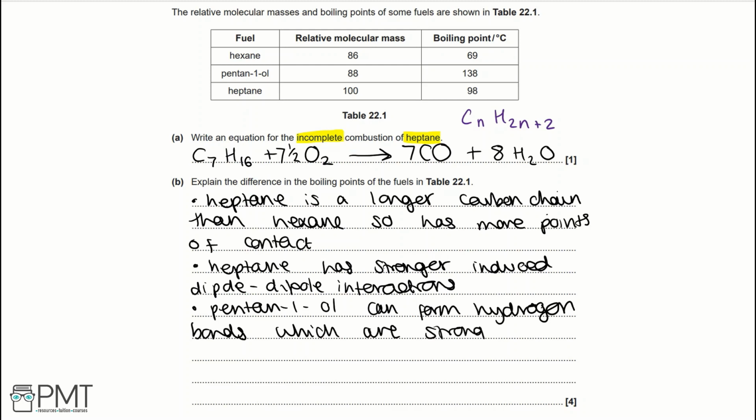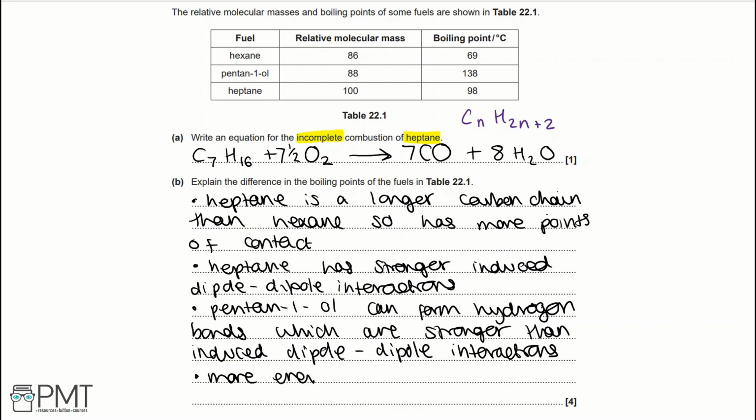As you can see, the bullet points correspond with the boiling points, because more energy is required to break hydrogen bonds, which is why pentan-1-ol has the highest boiling point, and heptane has stronger induced dipole-dipole interactions, which is why it has a higher boiling point than hexane. So it follows the trend that we're shown in Table 22.1, and therefore we're answering the question correctly and to our fullest potential.